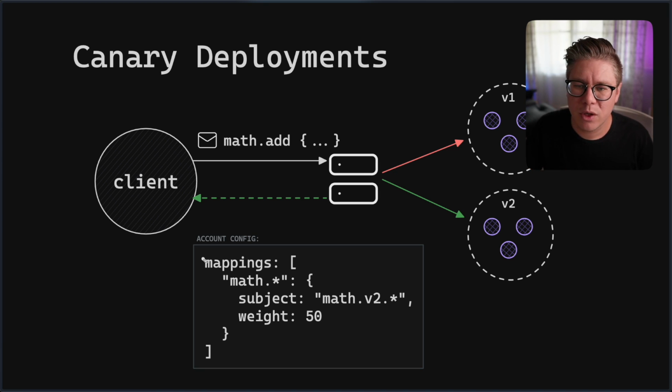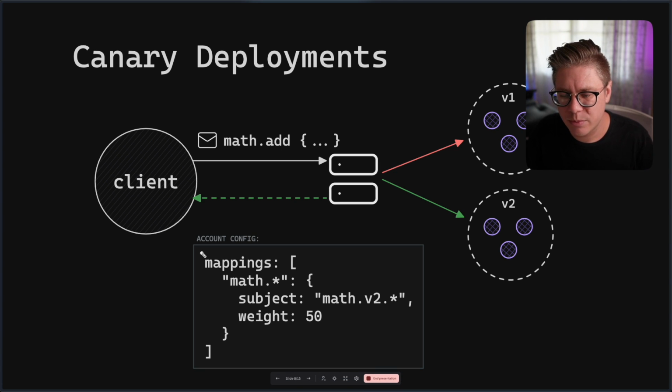But the idea of Canary deployments is that you might want to route a certain percentage of traffic or all of the traffic to a different set of instances of a microservice, a V1 versus a V2, and still not have to update any of the clients or callers of that particular microservice. One way we could do this is by using subject mappings like I just showed. And it's really easy to do. You just set mappings, math.star, I want this to map to math.v2.star or whatever it is, and a 50% weight. So let me show you exactly how we can do that.